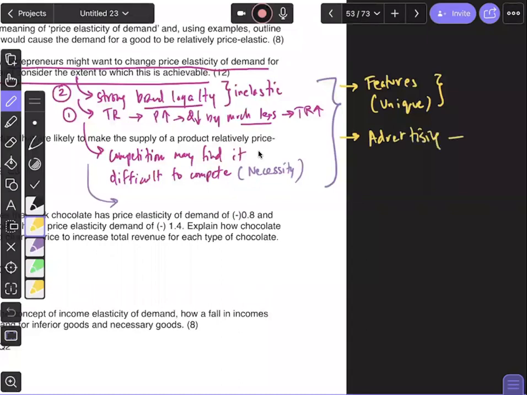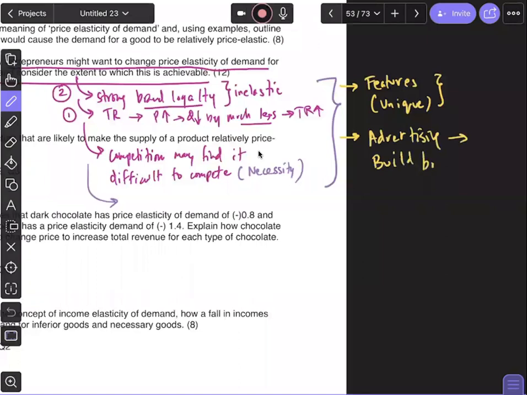Advertising can also market to people that the good is unique and help us build brand loyalty. So you're talking about the unique selling point. Yeah, unique selling proposition that you might have. Also, if you look at, for example, the cell phone markets, you have many players, but Apple has an image that they are making something completely different from others.